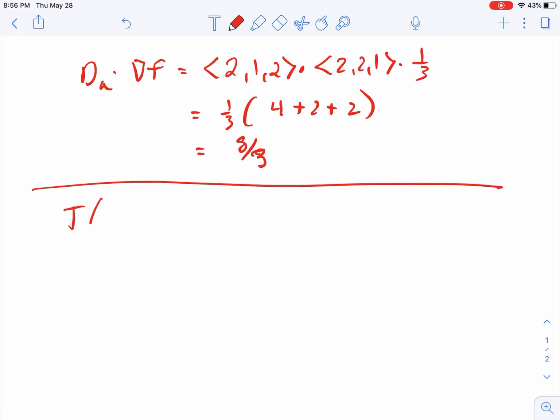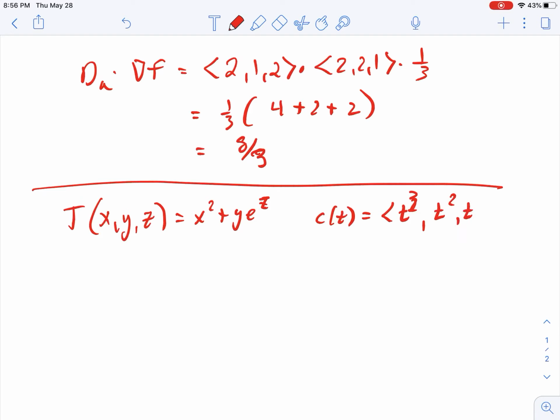So just changing how I present the information. Let's say t instead of f, so x, y, and z, and let's say we have x squared plus y e to the z, same function again. But I give you that as c of t, and you would have t cubed, t squared, and t, with t at 2.